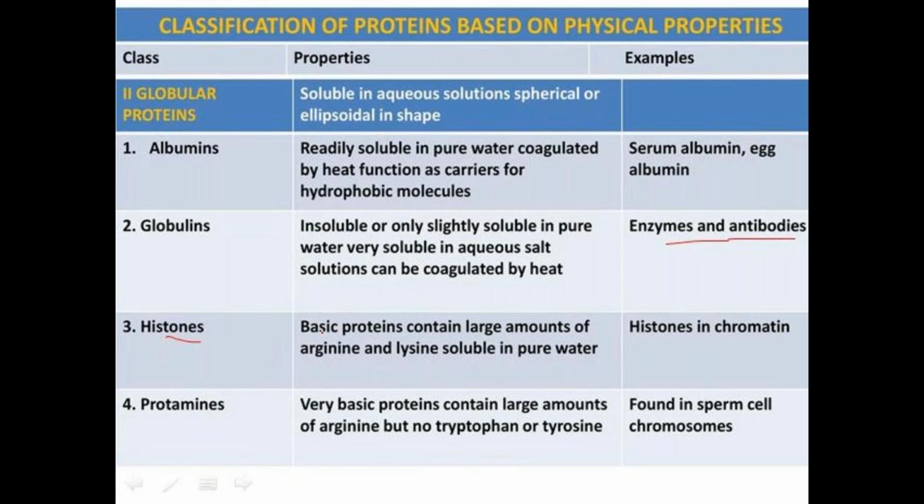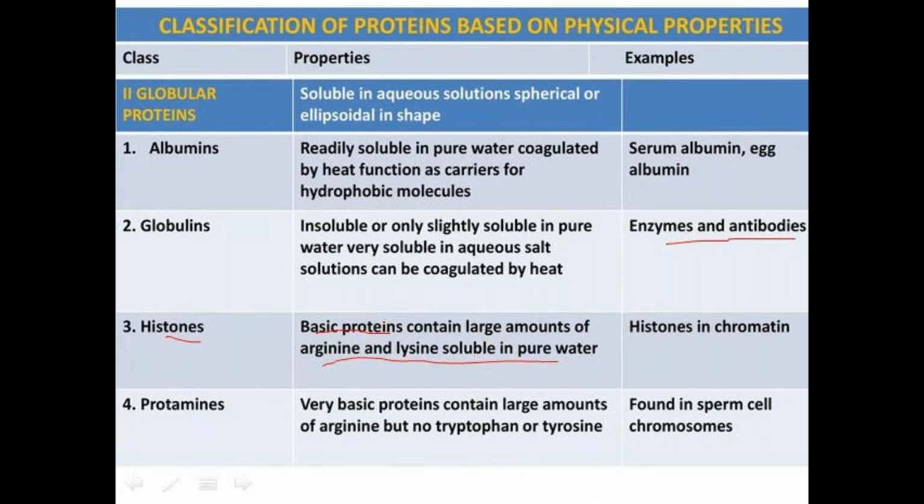And next, histones. Histones are the basic proteins. Why are these basic? They contain large amounts of arginine and lysine and are soluble in pure water. Due to the arginine and lysine in histones, they are called basic proteins. Histones mainly participate in chromatin formation and chromatin remodeling.